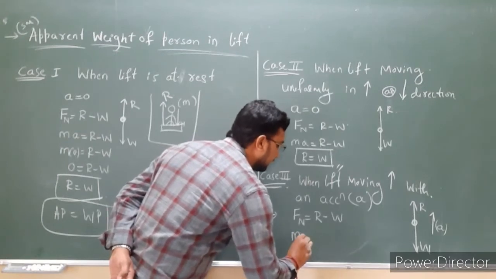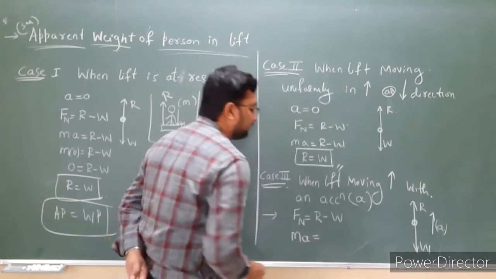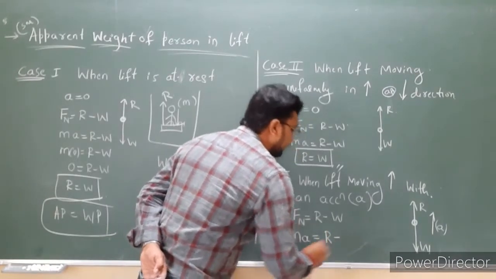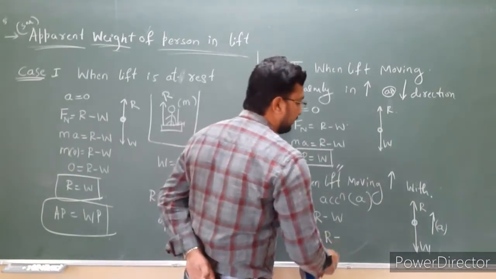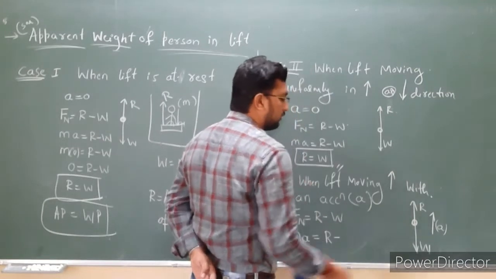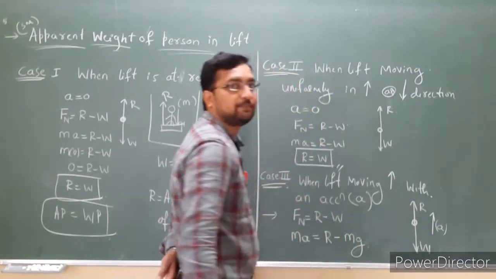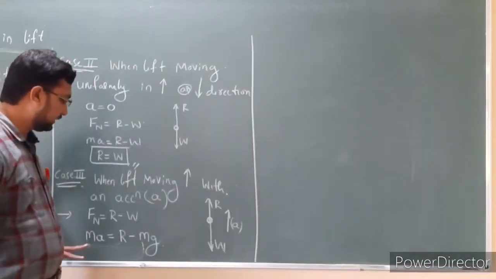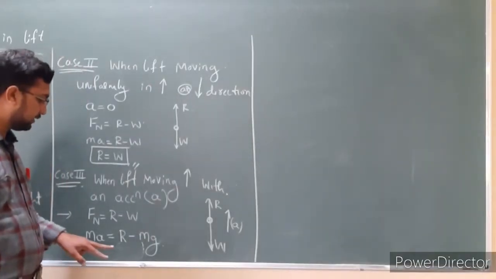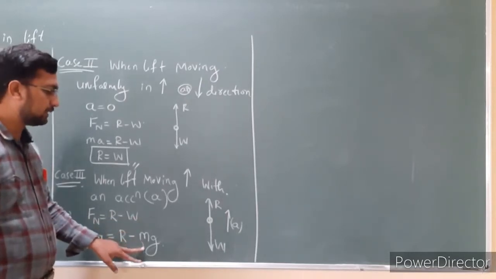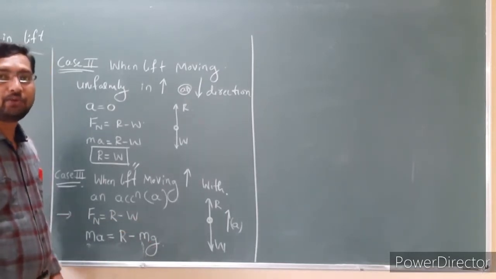Here mass is m and acceleration is a, that is equal to R, the apparent weight as it is a normal reaction, minus weight. Weight is the product of mass into acceleration due to gravity, that is m into g.